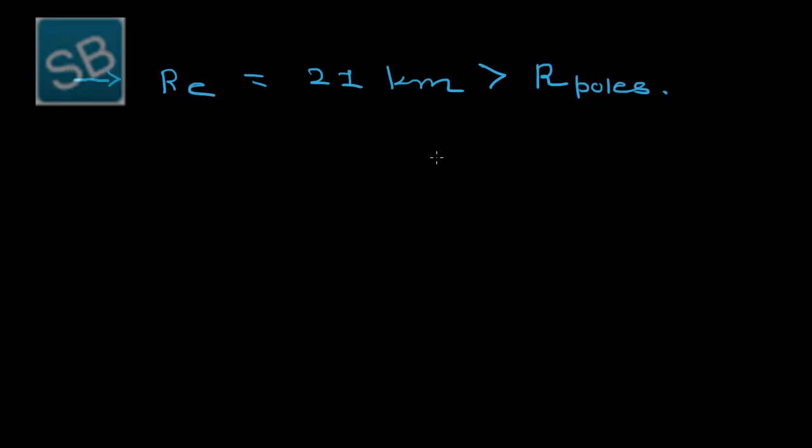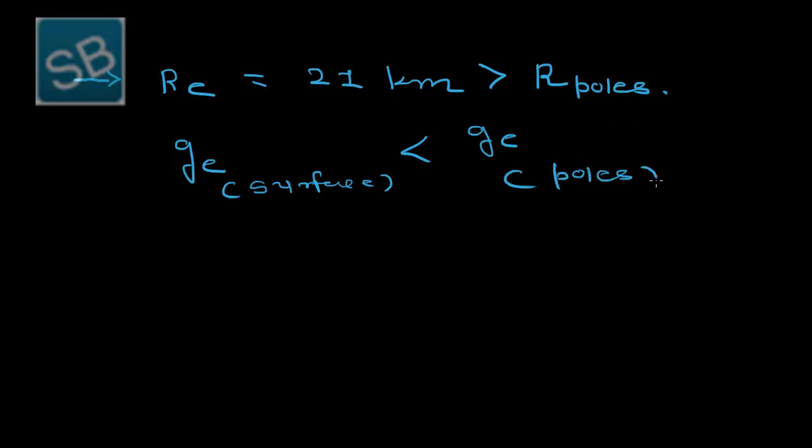Hence the value of ge is slightly less at the equator, so the value of gravitational acceleration at the surface at the equator is less than at the poles.